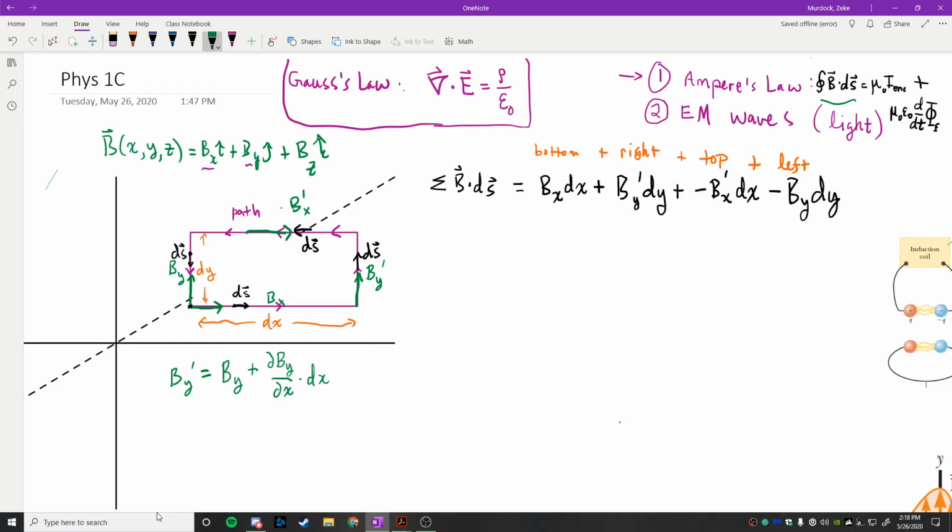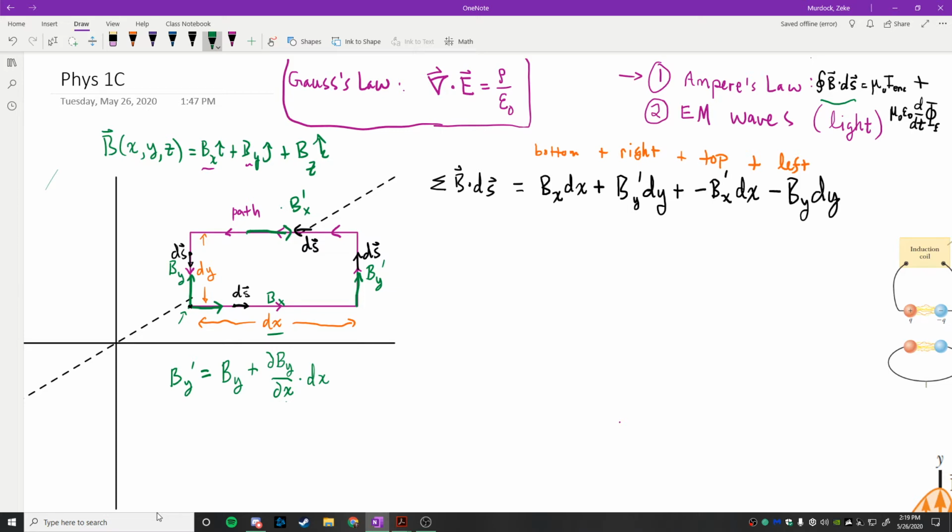Because this expresses the value here plus whatever the change is times the distance, right? The change is the del By del x, the rate at which By is changing with respect to the x coordinate, right? You multiply that by the change in x, you get By prime, right?